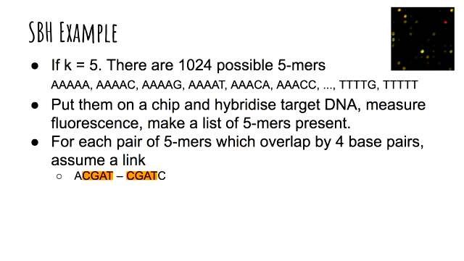So basically what we're doing is we're taking the last 4 of one k-mer and the first 4 of another k-mer, and if both of those appear in our list of k-mers that are in our sample, then we'll just assume that they would normally overlap in our sample. All right, and so we're going to link them together.